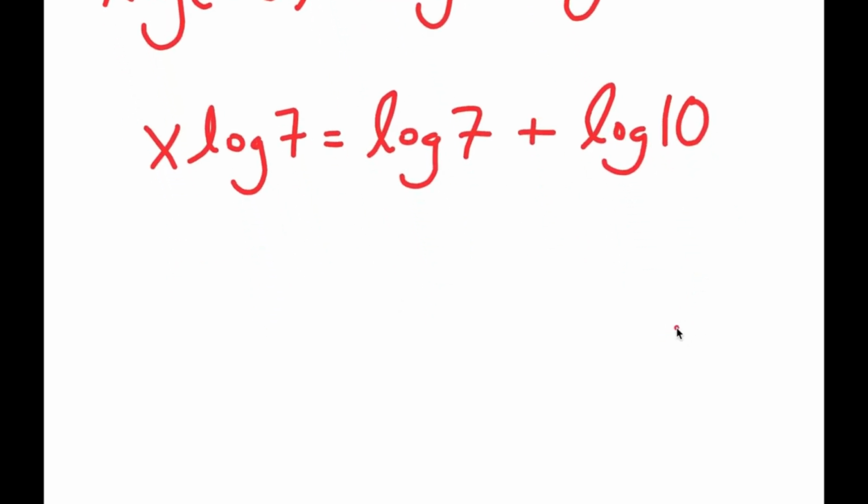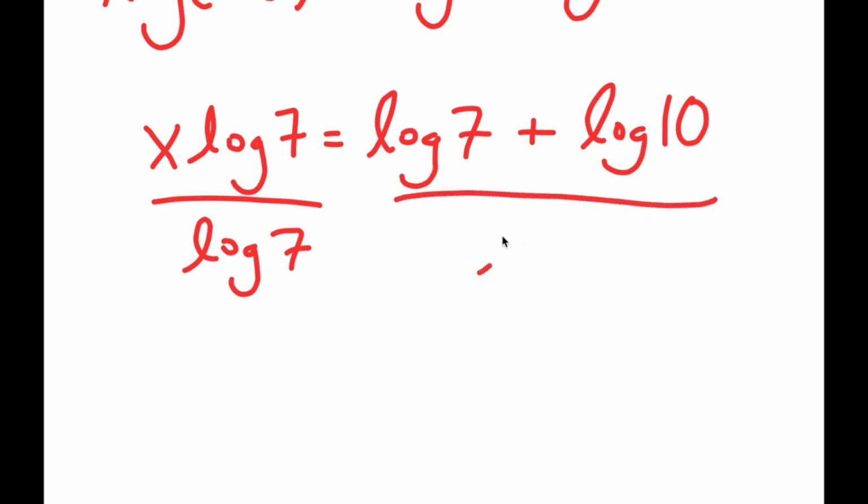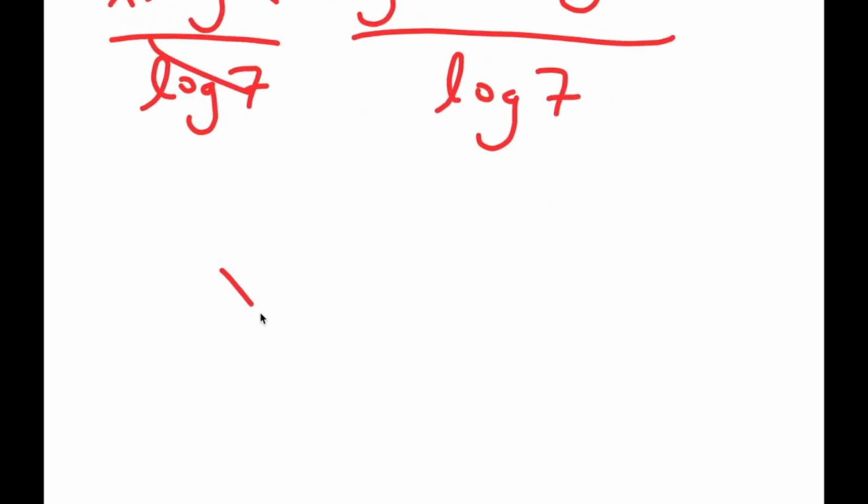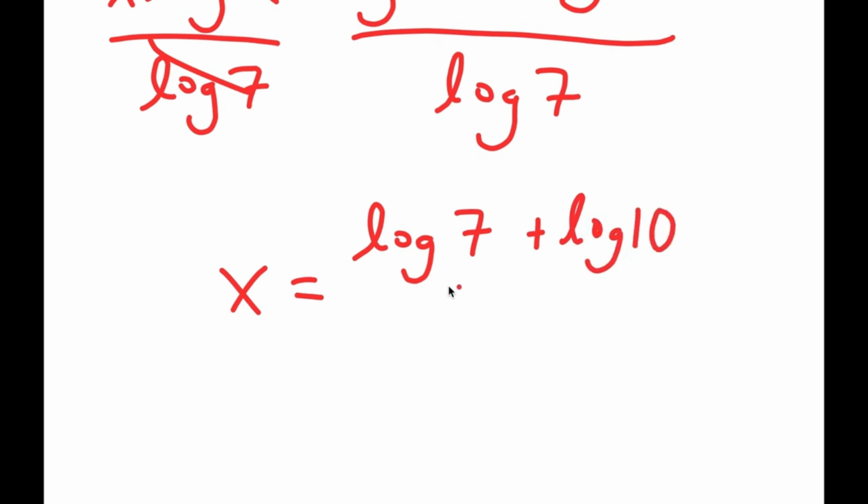So now from here, what I'm going to do is divide both sides by log 7, because we obviously want to isolate x, so the only way to do that is to get rid of this log 7. So then these two cancel out, and I get x is equal to log 7 plus log 10 over log 7.